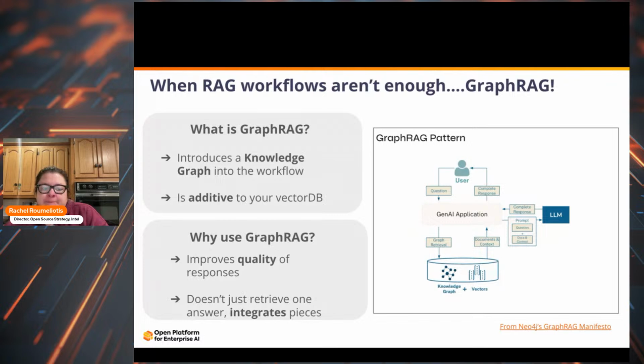And with Graph RAG, my understanding, and everybody chat amongst themselves if they have different ideas, is that RAG is good about going in and pulling out an answer, right? And a good answer. Graph RAG helps with pulling the answers from different places and stitching them together. And it integrates those pieces to give you a more robust answer. So the thing that kept coming up was these global questions, right?